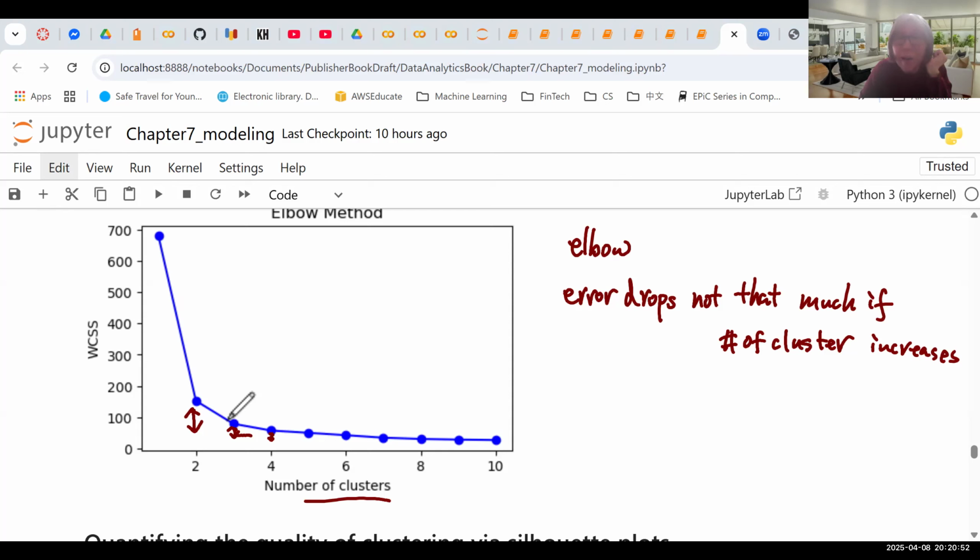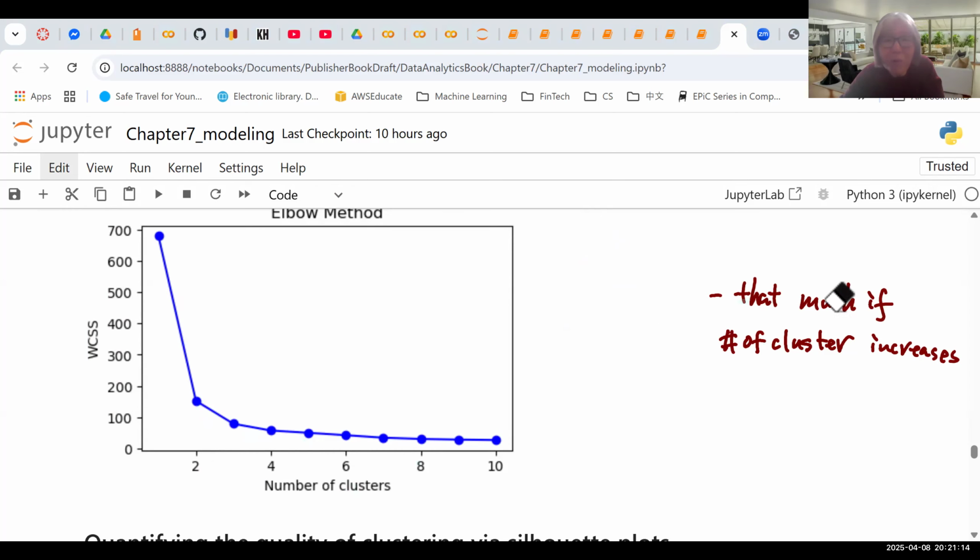So that's why, based on the analysis of this elbow method, we think, okay, 3 clusters looks like it's optimal. Okay, so that's regarding the elbow method analysis result.